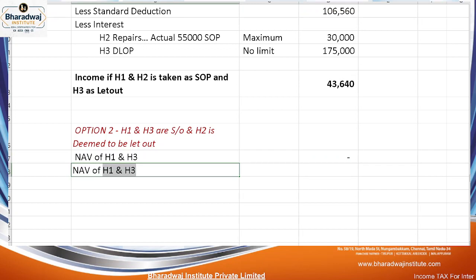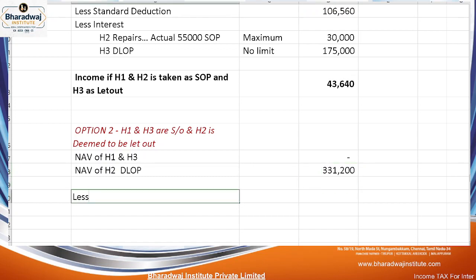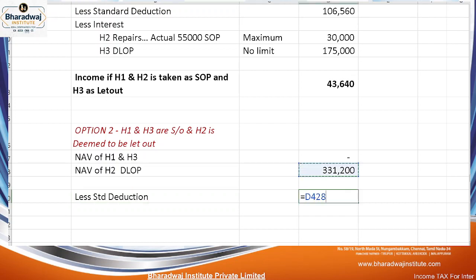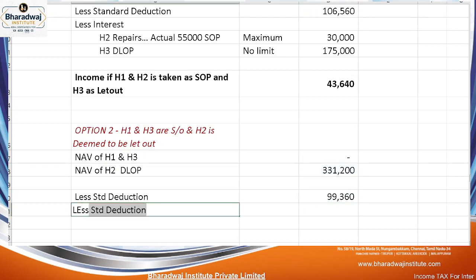NAV of house 2, because we take it as deemed let out property, is 3,31,200. Less standard deduction, this into 30%. Less interest on loan.